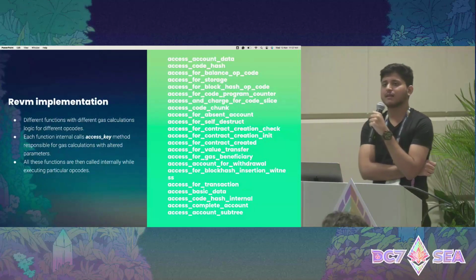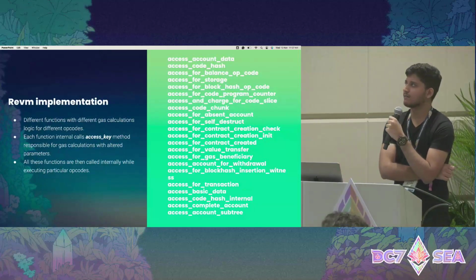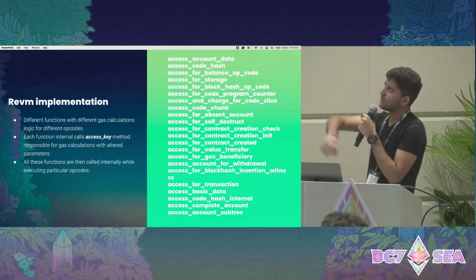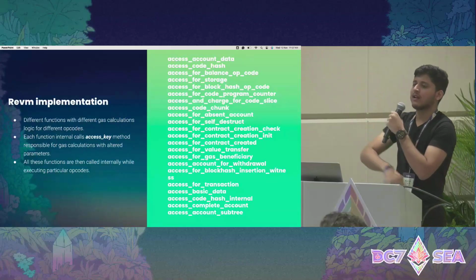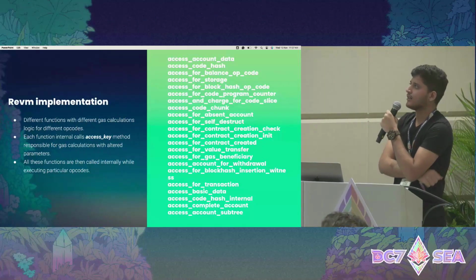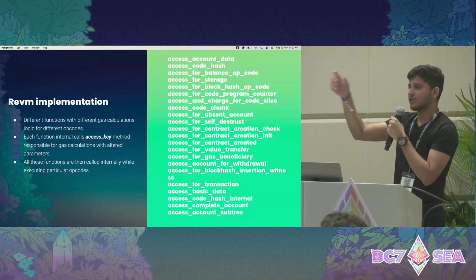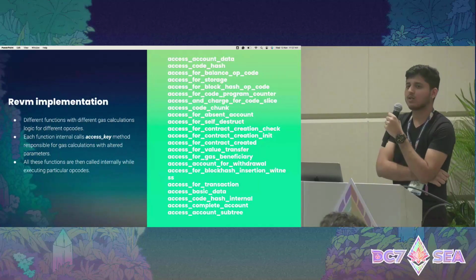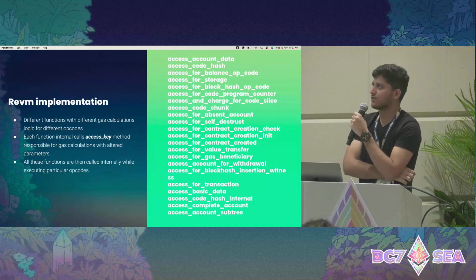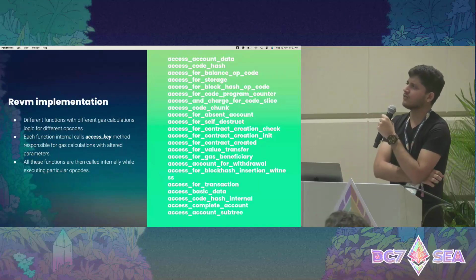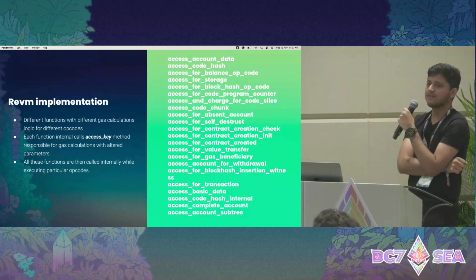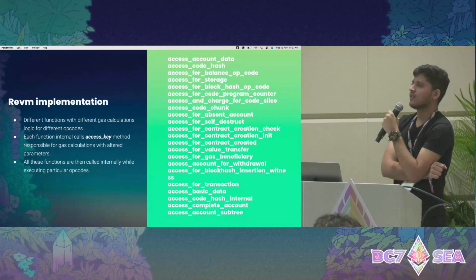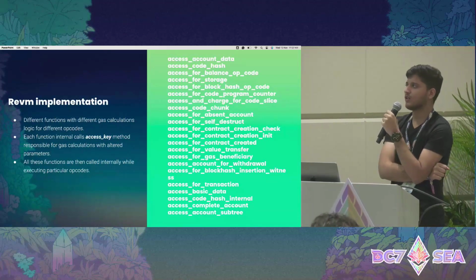I referenced the implementation of Geth and Nethermind for this purpose. These are all the functions that are called whenever a particular opcode is executed during a transaction. These functions will be called by these opcodes. They will be adding the cost for witness access during the execution. The main logic was the access key function, which is internally called by all of these functions. The access key function is basically responsible for charging all the gas costs.